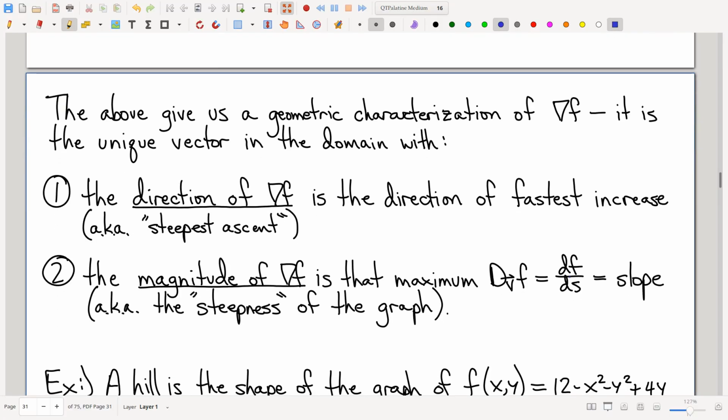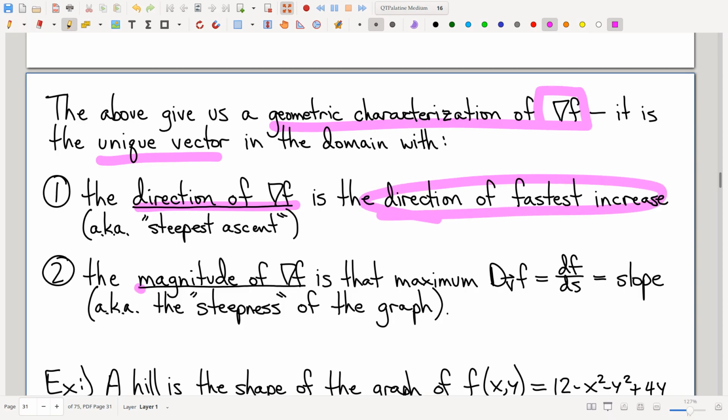I don't recommend it, but you can very reasonably say that we define the gradient to be the unique vector that points in the direction of fastest increase and whose magnitude says how fast we're going in that direction. Very reasonable. Even if you don't use this as a definition, and again, I don't recommend you do, this is a great way to think about the gradient. It points in the optimal direction, and its magnitude says how fast the function's increasing.